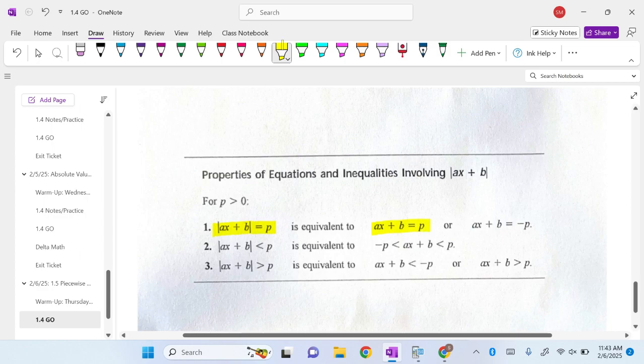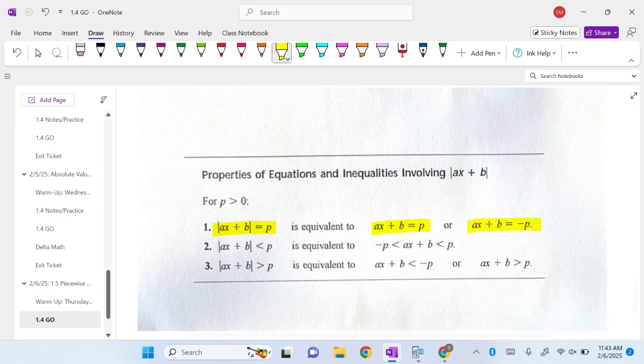So ax plus b equal to p, ax plus b equal to negative p, and for the inequalities: negative p is less than ax plus b, or ax plus b is greater than p. It tells you how you should separate them on the back of your graphic organizer. And guys, I'll let you use this on the test.